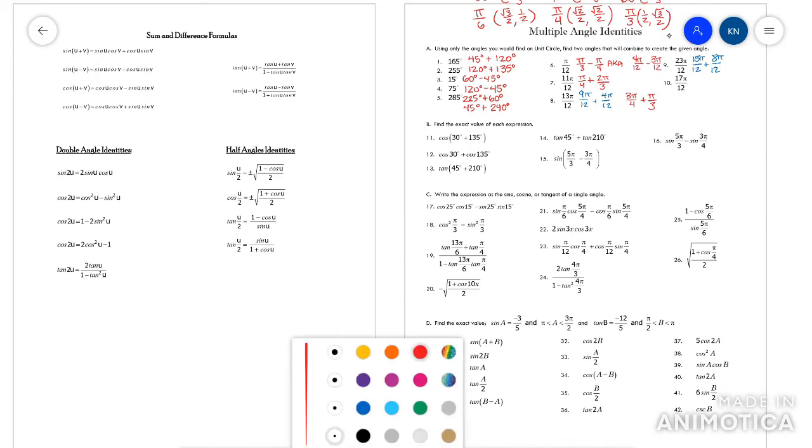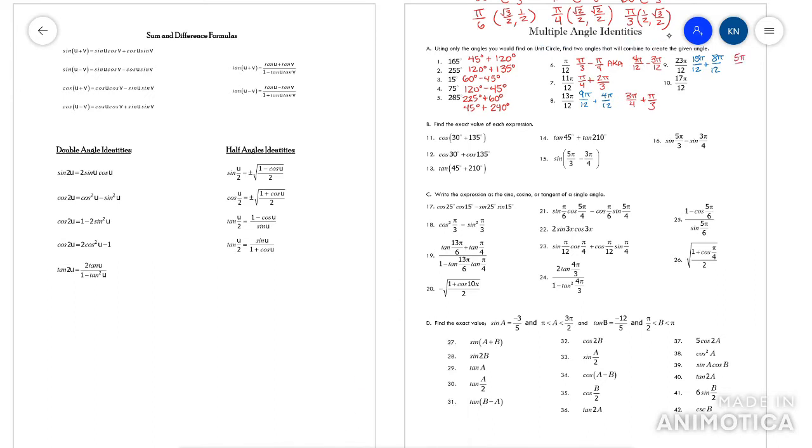And reduced, this would be 5 pi over 4 plus 2 pi over 3. Okay, this next one's 17 pi over 12. I would probably do like 9 pi over 12 plus 8 pi over 12. Just like that. And reduced, that would be 3 pi over 4 plus 2 pi over 3.